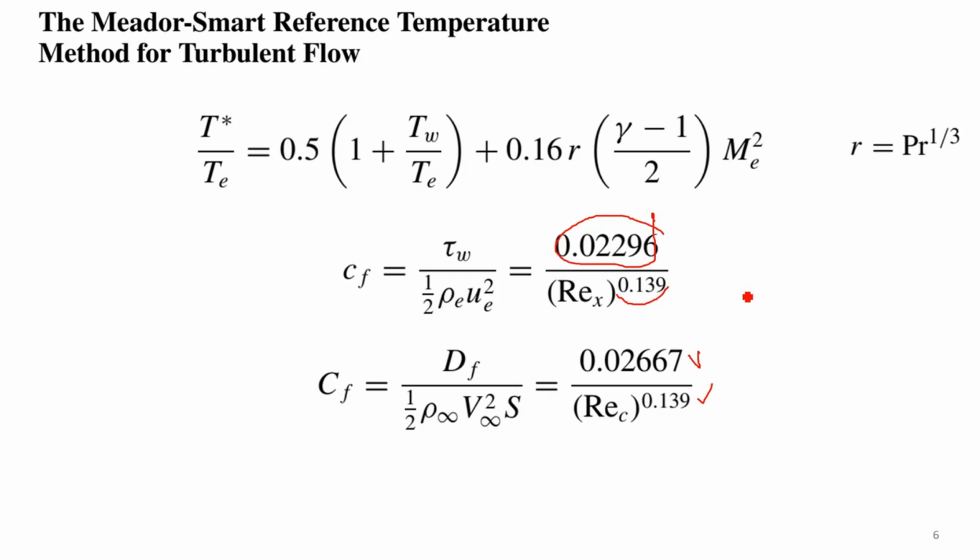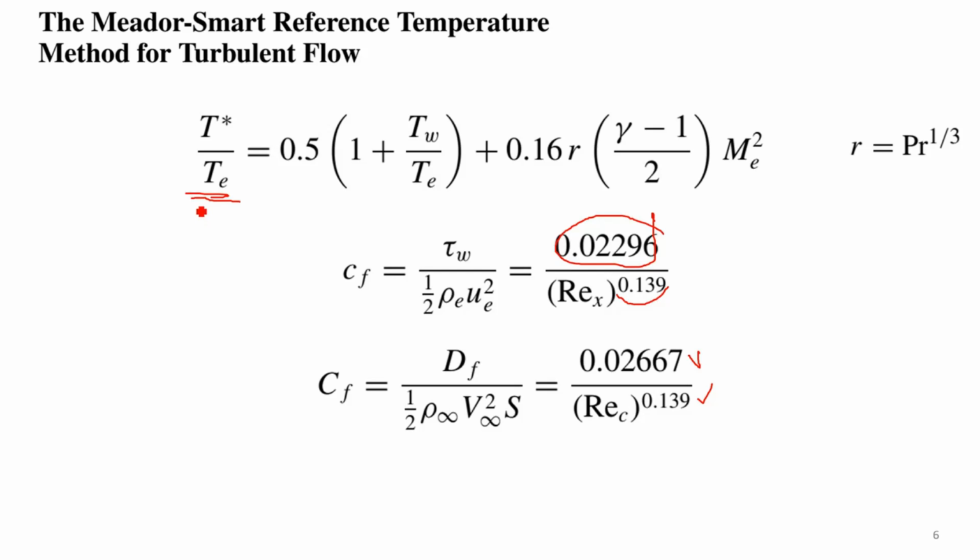The reference temperature method was developed more than 80 years ago, in 1940, but it's still very important and useful in preliminary calculations. Recently, approximately 17 years ago, there were publications about an improved reference temperature method, which proposes another function of the reference temperature ratio.